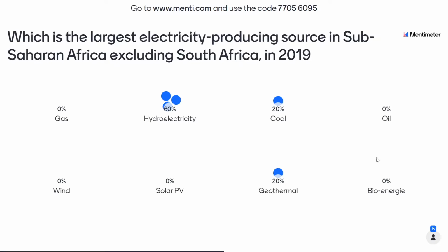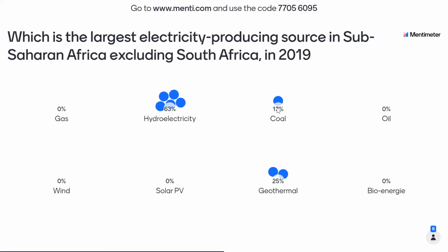As you anticipated, the largest electricity producing source in Sub-Saharan Africa in 2019 was hydroelectricity. The reason we usually exclude South Africa from this kind of analysis is that South Africa is a country heavily relying on coal.